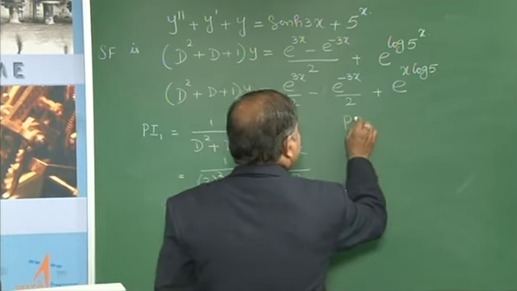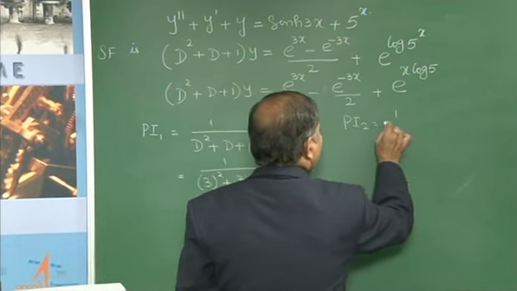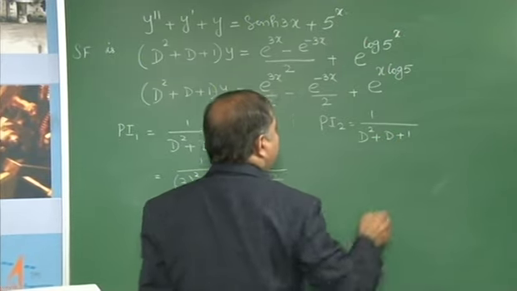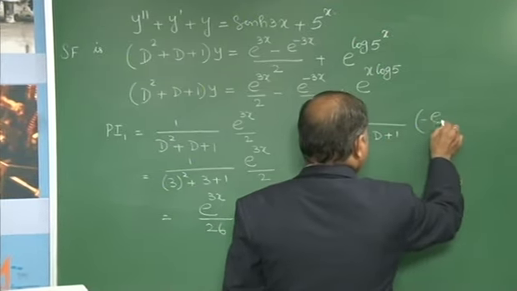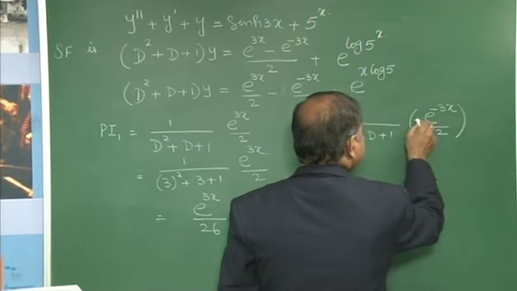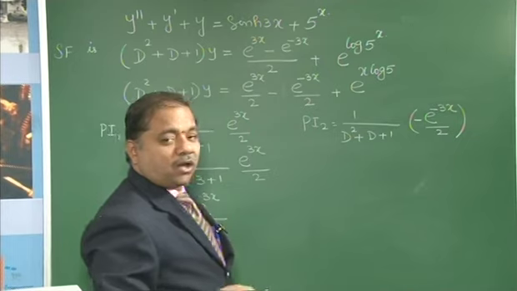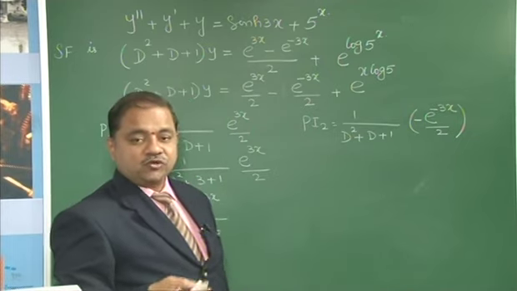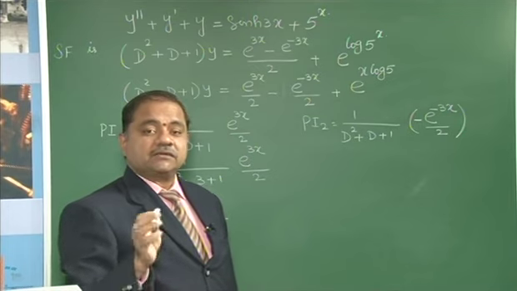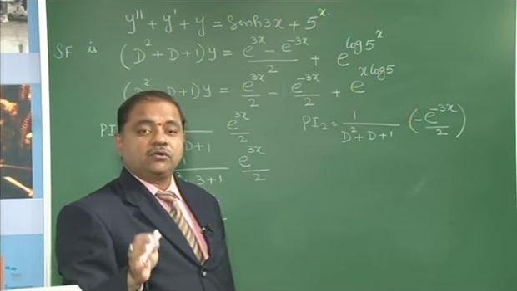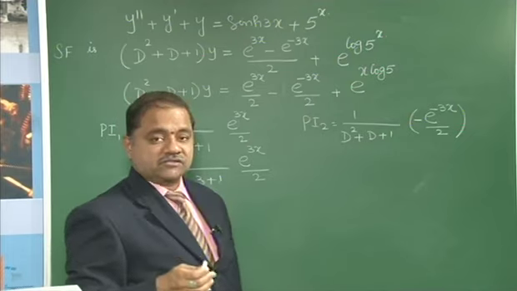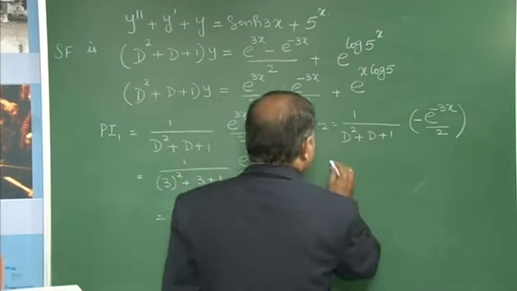What is PI2? 1/(D² + D + 1). Be careful. You take the negative symbol also here only. Usually we advise this, because when we write the solution, it is customary CF plus PI1 plus PI2, and you may forget that minus symbol. So, if you take the negative symbol here itself, you get PI properly.